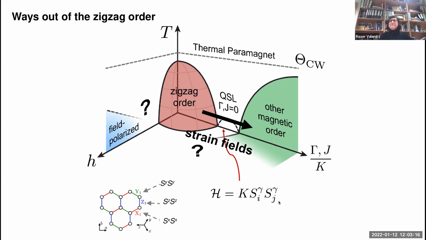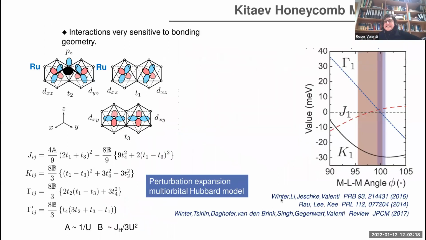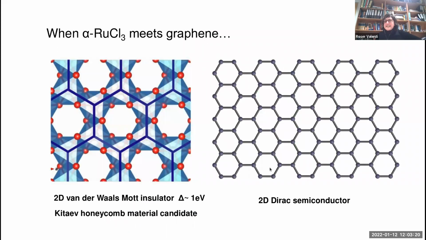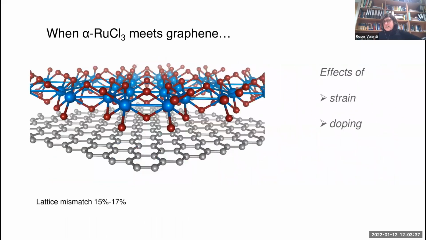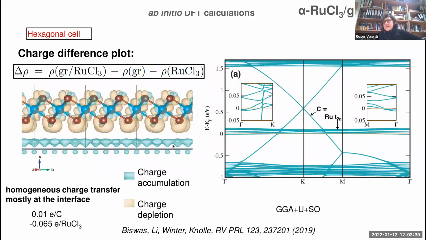Okay, so maybe I just wanted to say, in my last 2 slides, that there is another way to manipulate this system, and it is by strain. And this is what we have been pursuing together with experimental colleagues, to make heterostructures of alpha ruthenium trichloride with graphene, because with this type of heterostructure one is straining alpha ruthenium trichloride, and these are basically the electronic structure calculations.